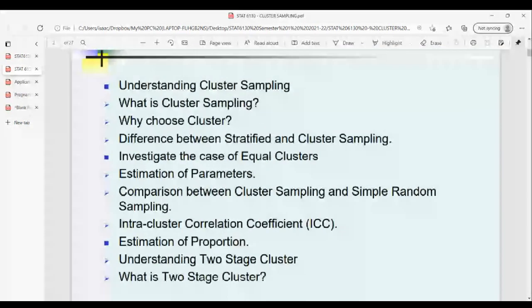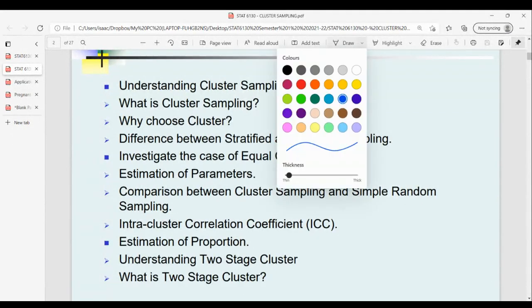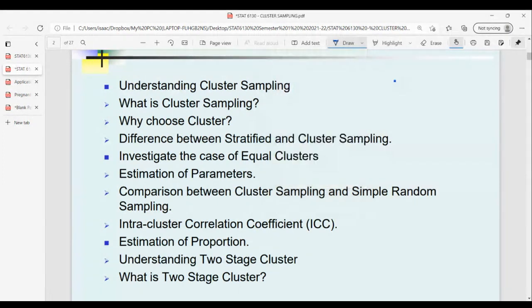So we did a lot with cluster sampling, right? And these notes are taken from the textbook called Sampling Design and Analysis.